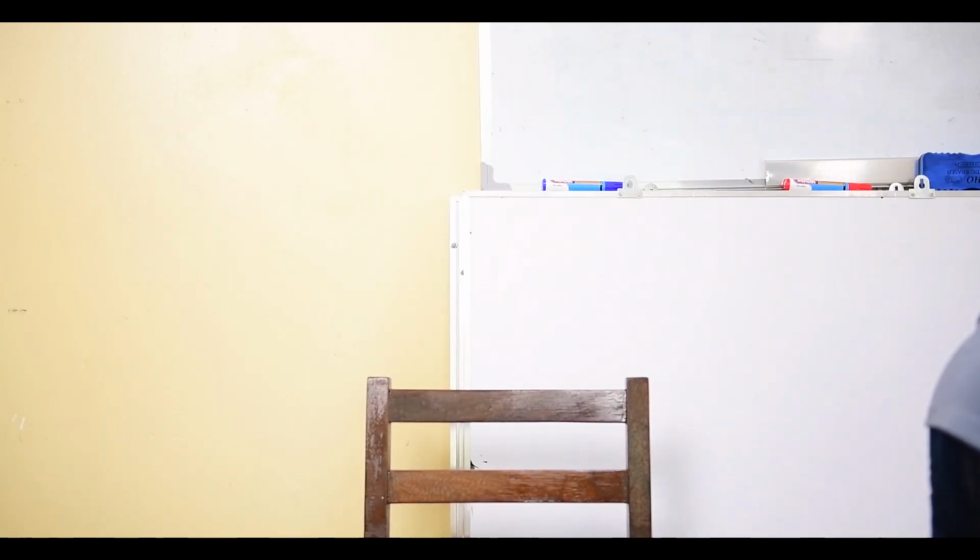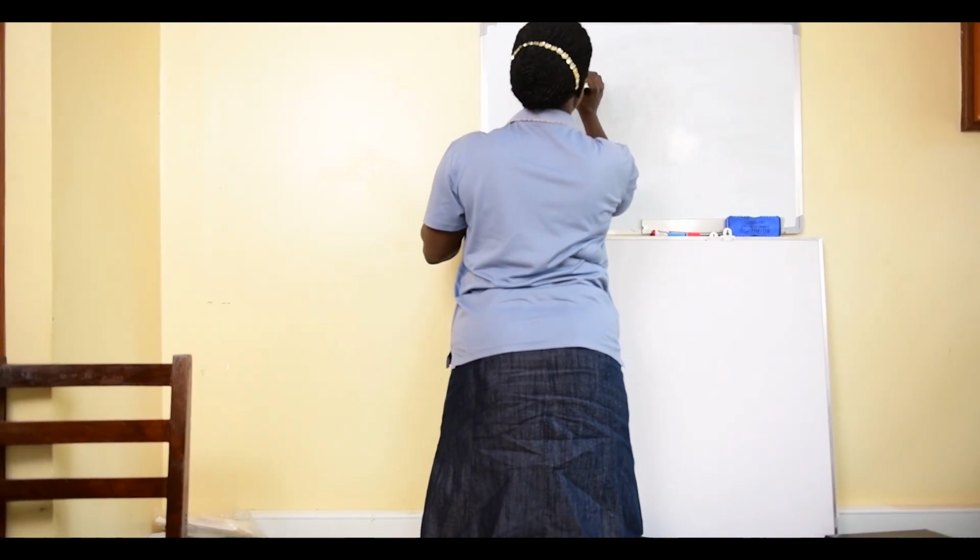So when you talk about the gross structure, this is when you have to describe the parts of the uterine tubes.